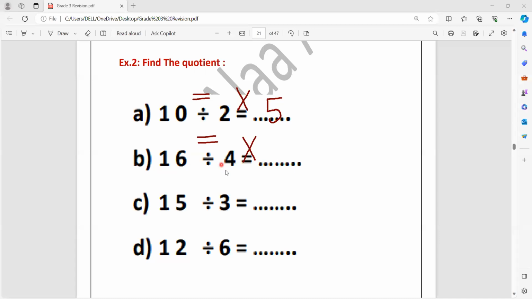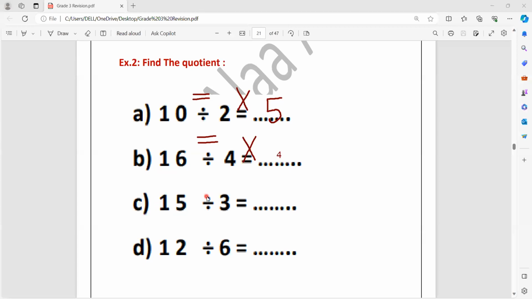Let's say timetable 4. 4 times 1 equals 4. 4 times 2, 8. 4 times 3, 12. 4 times 4, 16. So it's 4. 4 times 4 equals 16. So if we read it from here, we are going to say 16 divided by 4 equals 4.